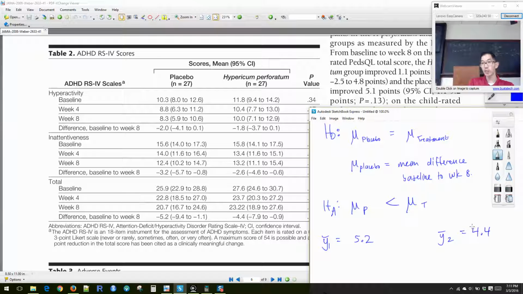Okay, and so what we're seeing is that the placebo actually has a larger effect than the treatment group. So this does not line up with our directionality, right? Our data does not support the directionality.